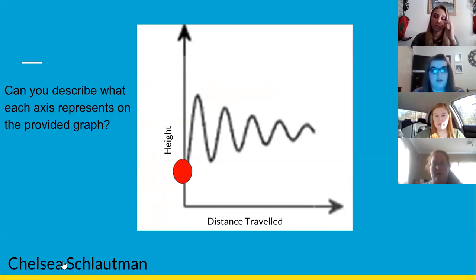For an example, a ball that has been dropped from a specific height, which I have here labeled with this red dot, as it bounces, it gets higher and then it gets lower. As it travels further and further, you can see that the height dissipates and it just stops bouncing. So for the x-axis, the distance traveled goes on and on until it stops here and the ball stops bouncing.